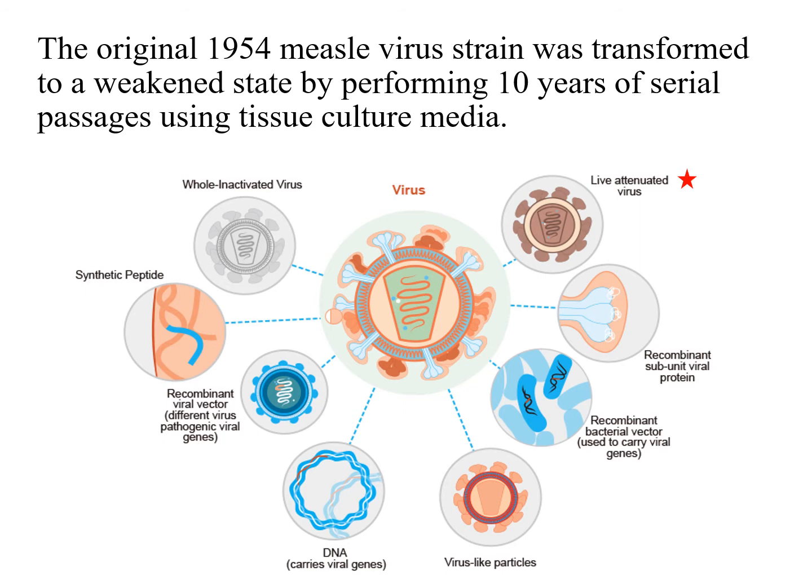So this virus was grown in tissue culture media that it was not able to effectively grow in. Therefore, it weakened the virus every time it replicated. And this took place for 10 years. And after 10 years of replication in this tissue culture, we ended up with a weakened strain that we could use as a vaccine.